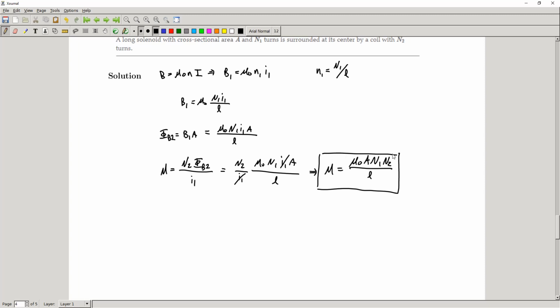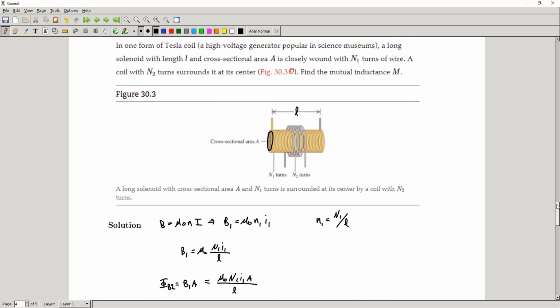Now, I should point out that when we're doing this calculation of the magnetic flux, this is really the average magnetic flux. In the case of going in this direction, it's not that bad. But say we were calculating the magnetic flux running through the solenoid due to the magnetic field of our second coil.